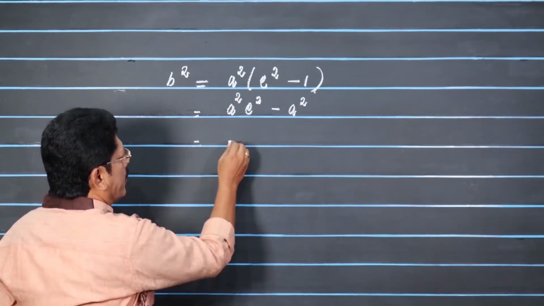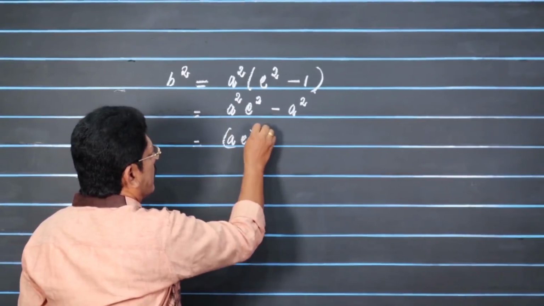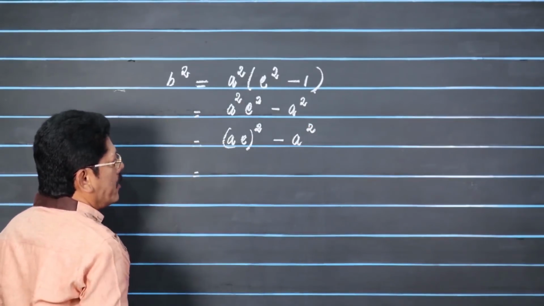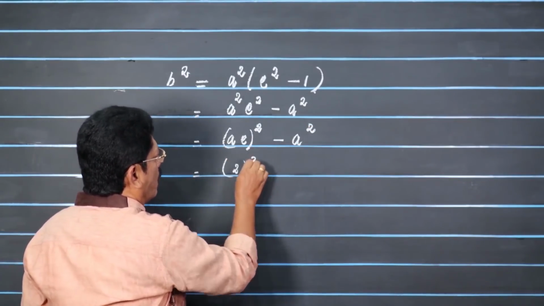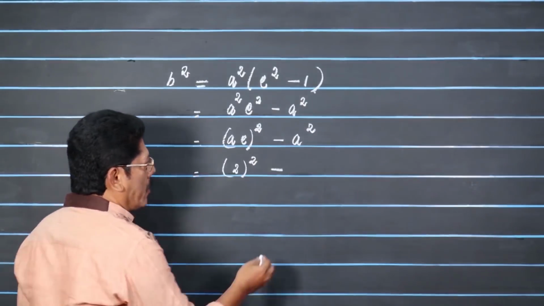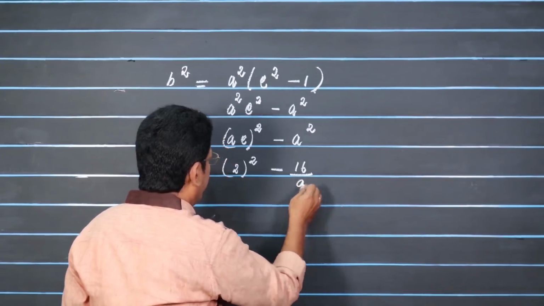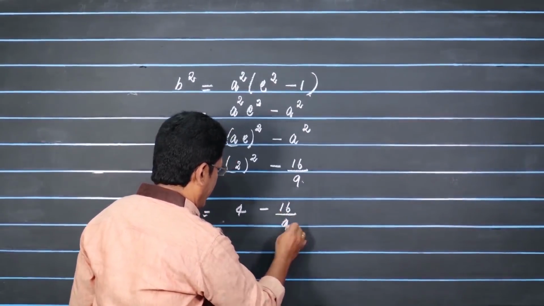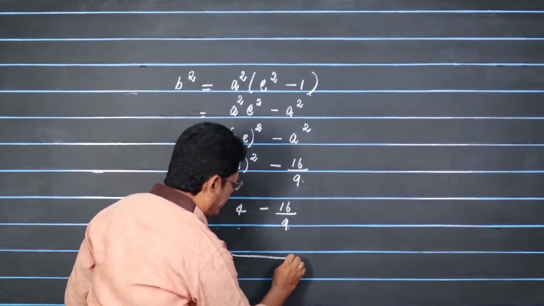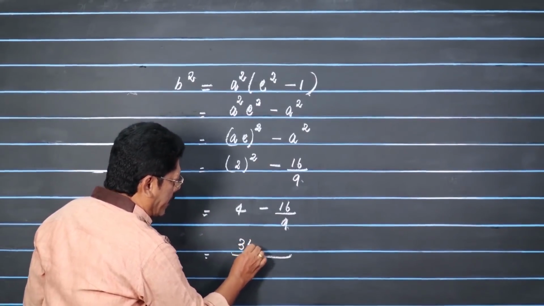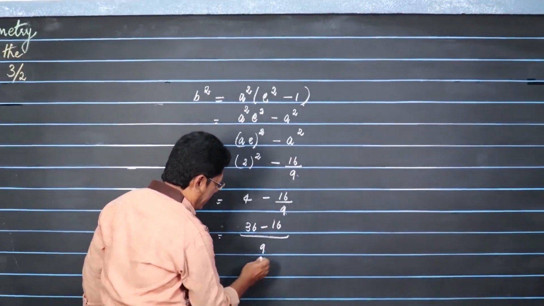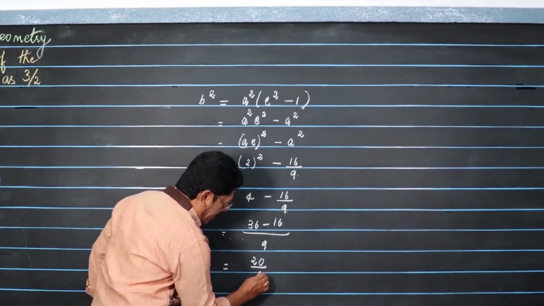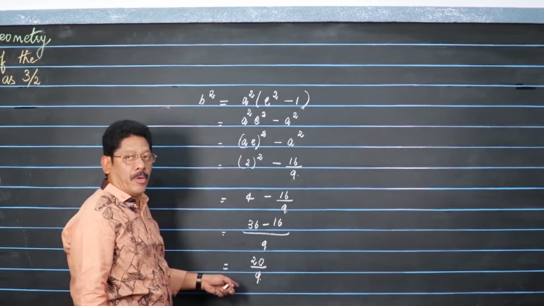Since the power is common, it is ae the whole square minus a squared. Now the value of ae is 2, so 2 to the whole square minus the value of a squared, which is 16 by 9. Now this is equal to 4 minus 16 by 9. Now we'll have to take LCM. So this will become 36 minus 16 by 9, which is 20 by 9. Therefore, the value of b squared will be equal to 20 by 9.